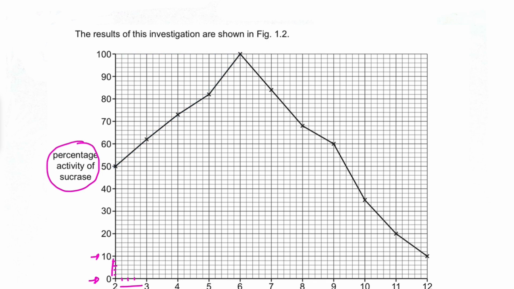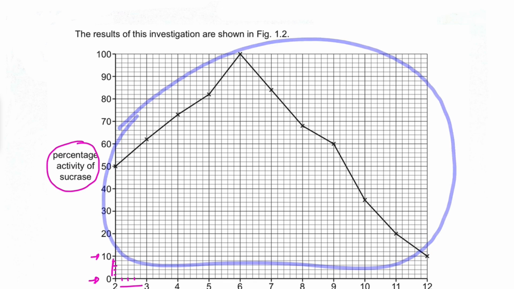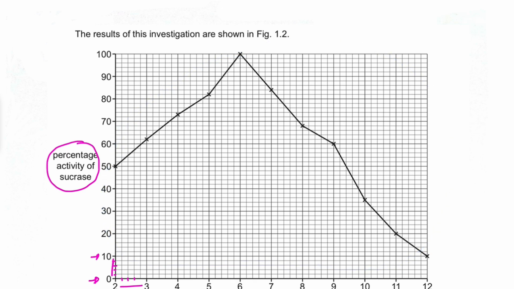Another point is that between pH 5 and 6, the increase in percentage activity of the sucrase is steeper, rising from 82% to 100%. And from pH 2 to 12, nowhere is the graph touching the x-axis. This means the enzyme is working at all the pHs provided.